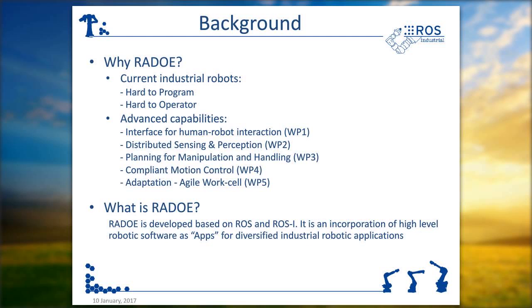So why do we want to develop RADOE? It's well known that the current industrial robots mainly work in the automobile industry. They are very hard to program. You need experts to program an industrial robot, and it is very hard to operate. So in the ADOE industrial robot project, we want to develop some advanced capabilities for the future industrial robots.